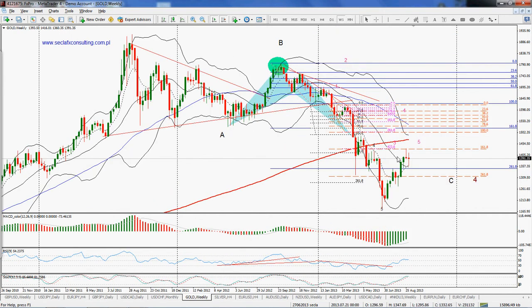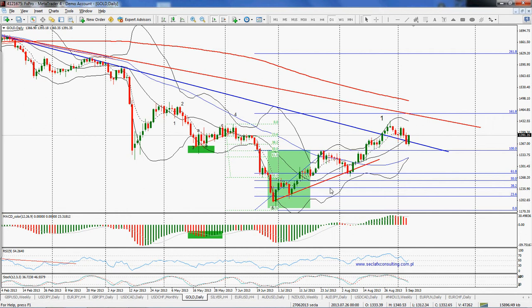The second point, we've got a second doji candle on the weekly chart. On the daily chart, I had this trend following long trade setup with breaking through this FIBO 100, but the market hasn't reached the 161.8 level yet, but has reacted to that resistance line, which was broken here.